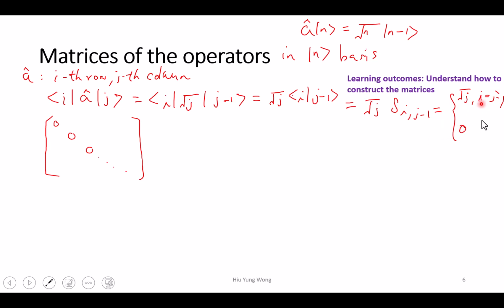So because this is the ith row, there should be a 1 here. This is the first row. So actually, did I do something wrong?